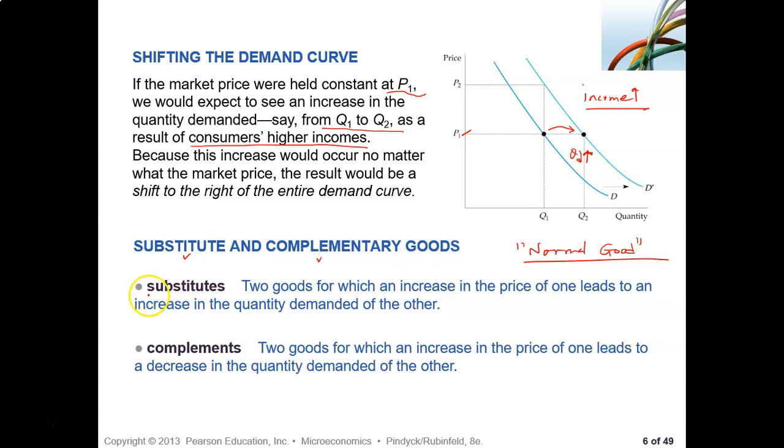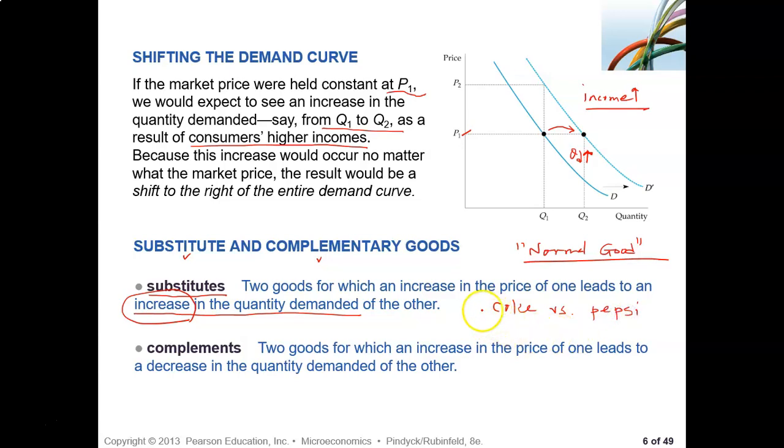Now substitute and complementary goods. So let us discuss this. Substitutes: two goods for which an increase in the price of one leads to an increase in the quantity demanded of the other. Substitutes are goods that are interchangeable, one used instead of the other. Like Coke versus Pepsi.